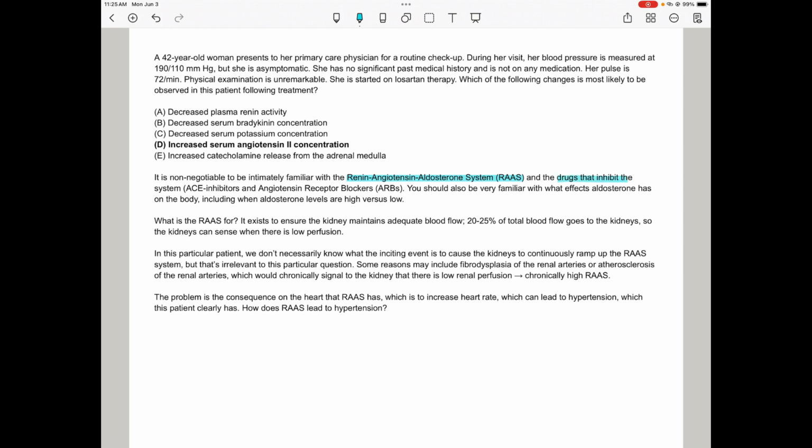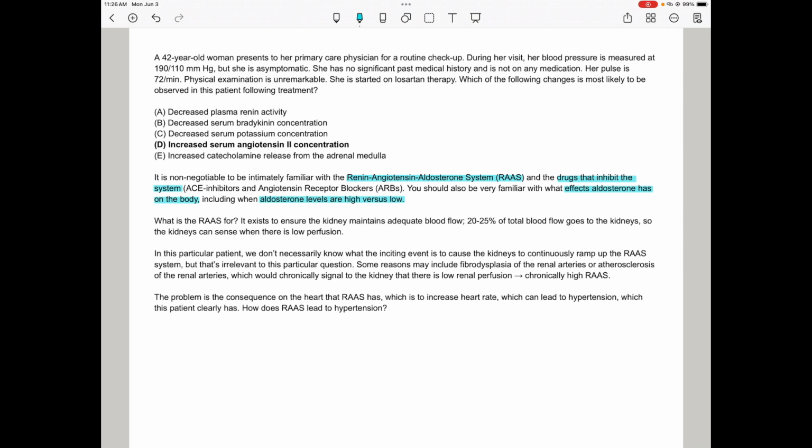You also need to know the drugs that inhibit this system, that includes the ACE inhibitors and the angiotensin receptor blockers. Because aldosterone is involved in this system, you should also know what the effects of aldosterone are on the body, including whether aldosterone is high or low.